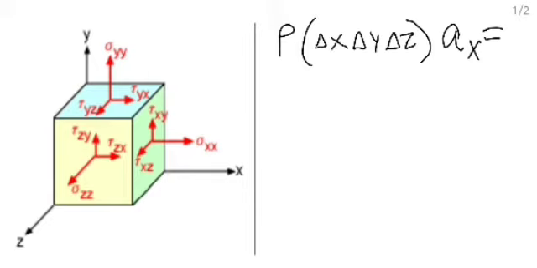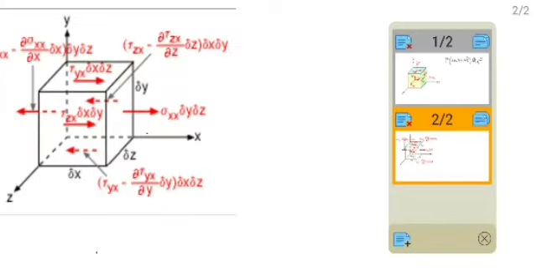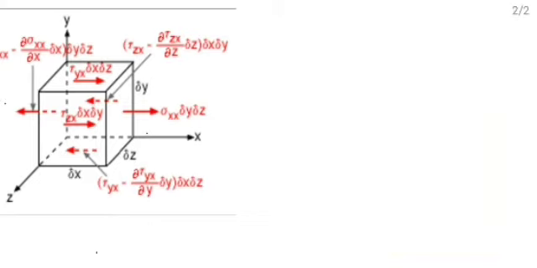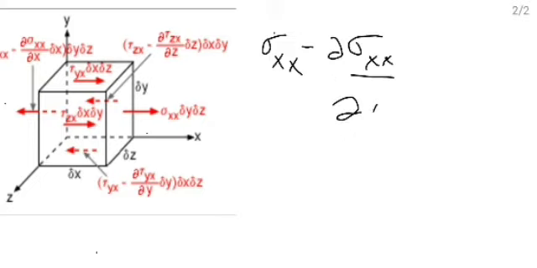the respective forces. See, I'll show one more diagram. This figure shows the changes in stresses along the direction. If we are considering the x direction, sigma xx has changed from sigma xx minus dou sigma xx by dou x times delta x to sigma xx.